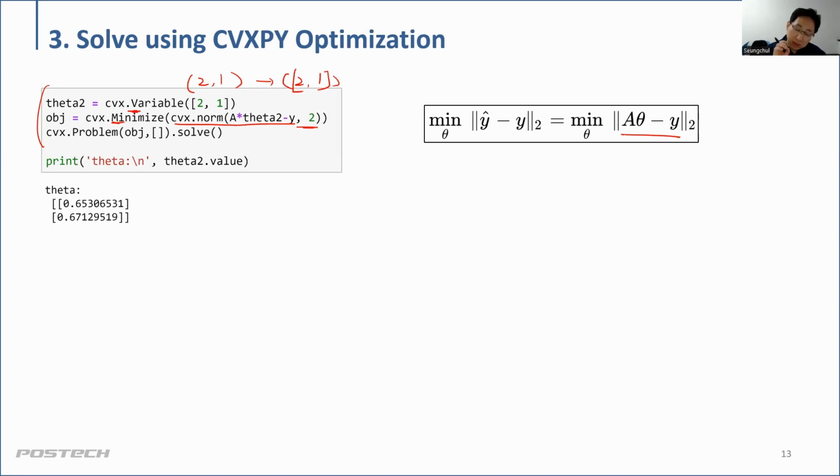The biggest advantage, and the only reason that I introduced CVXPY, is that CVXPY is not a common optimization solver. It's very unique, but once you build up the mathematical expressions and models, it is extremely intuitive. That's the only reason that I'm introducing CVXPY in this lecture.